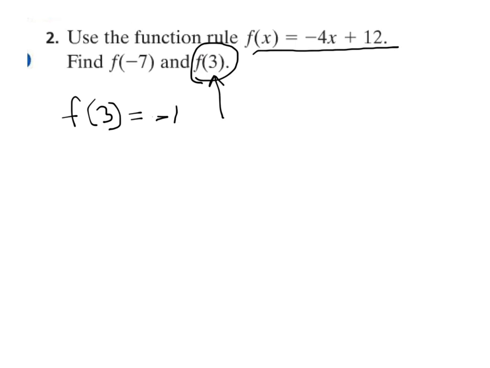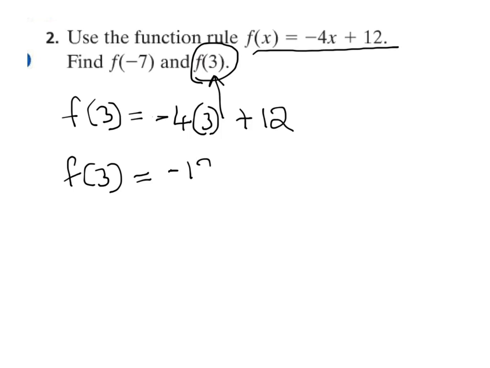The rule is negative 4 times x, which is 3 now, plus 12. So f of 3 is equal to negative 4 times 3, which is negative 12, plus 12. And that is going to be equal to 0. So f of 3 is 0.